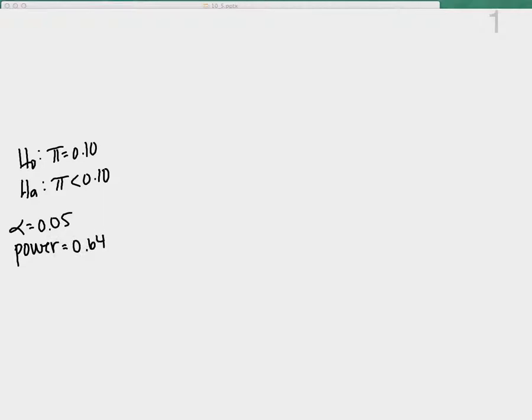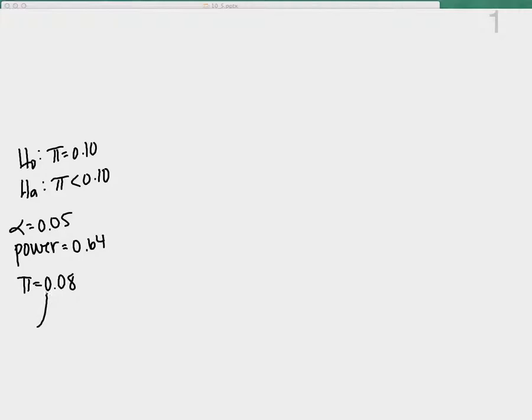Okay, so I'm going to write down a few things. Your null is that pi equals 0.1. Your alternative is that pi is less than 0.1. It tells you alpha is 0.05 because that's the significance level. It tells you that the power is 0.64. And then it says against the alternative, pi equals 0.08.